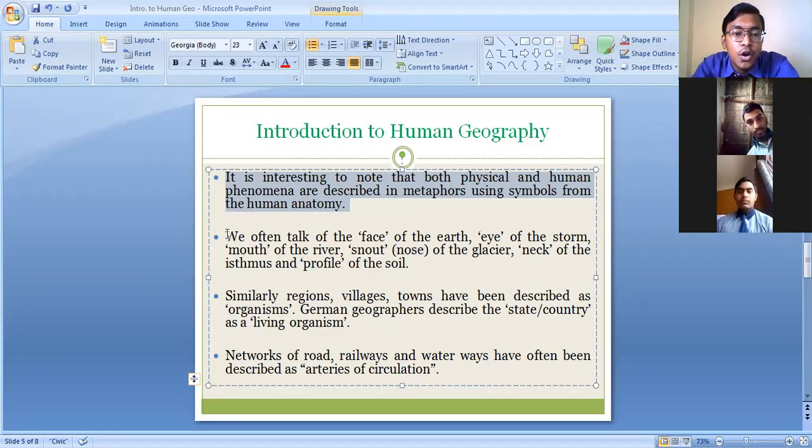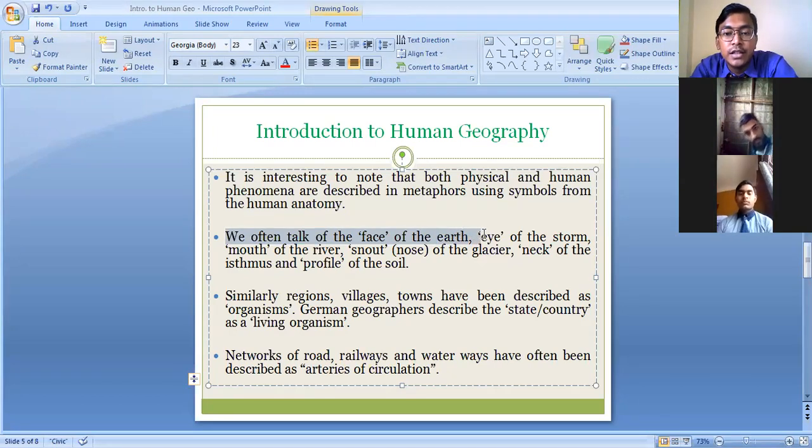We often talk of the face of the earth, the eye of the storm, the mouth of the river, the snout of the glacier, the neck of the isthmus, or the profile of the soil. Here we are using different parts of the human body to explain different natural phenomena. The eye of the storm means the center of the storm.